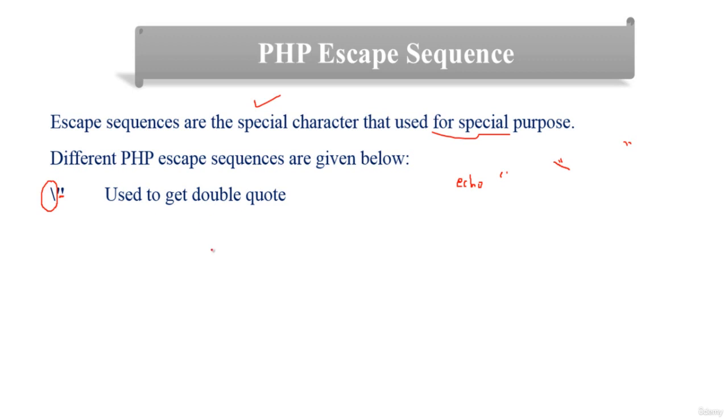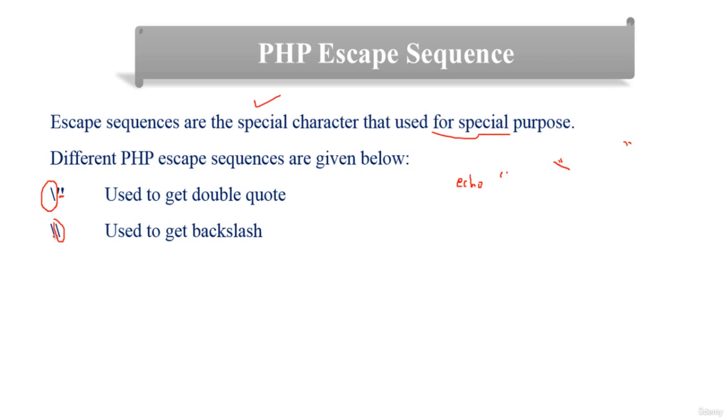So there are many other escape sequences also. For example, if you want to get a backslash, a single backslash, you have to put a single backslash after this backslash, because the first backslash is very necessary to start an escape sequence.